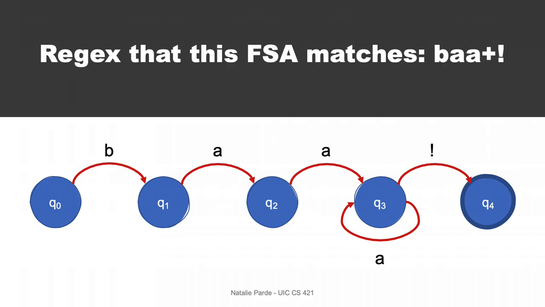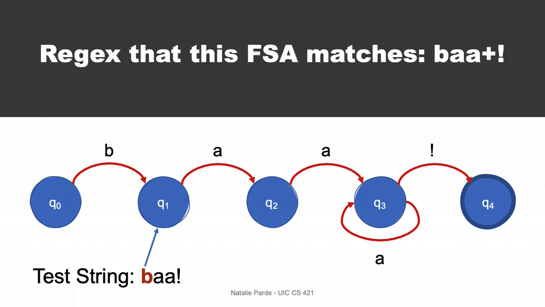This finite state model actually matches the regular expression baa+!, and we can go ahead and work through some test strings to confirm that. We'll start out with the test string baa, with 2 A's. So we begin with our sequence at Q0.